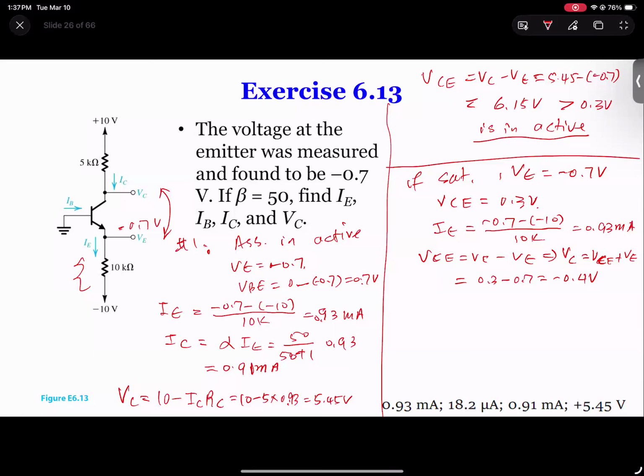So now, with VC, we can calculate IC equal to 10 volts minus 0.4 divided by 5K.